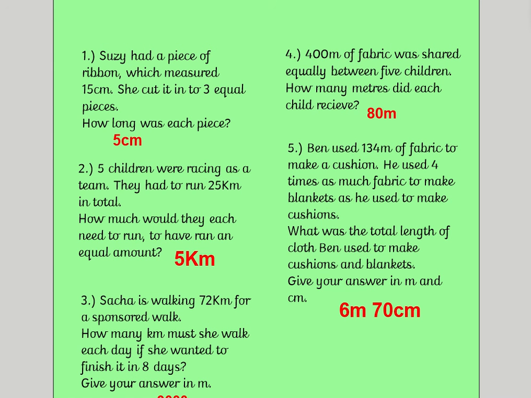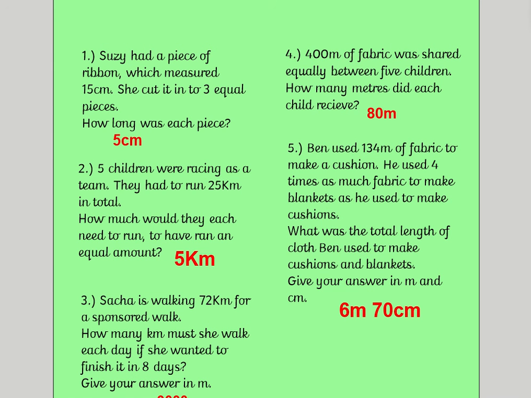Question 3, Sasha is walking 72 kilometres for a sponsored walk. How many kilometres must she walk each day if she just wanted to finish it in 8 days? Give your answer in metres. So there was an extra challenge there. If you remember back to last week, we know that 1 kilometre is the same as 1,000 metres. So if you work out the kilometres first, she's walking 72 kilometres and she needs to finish it in 8 days.